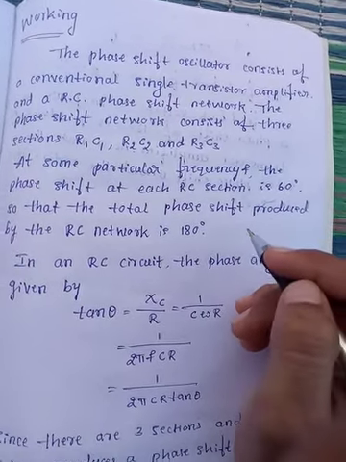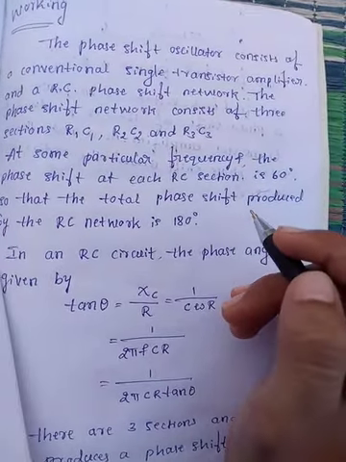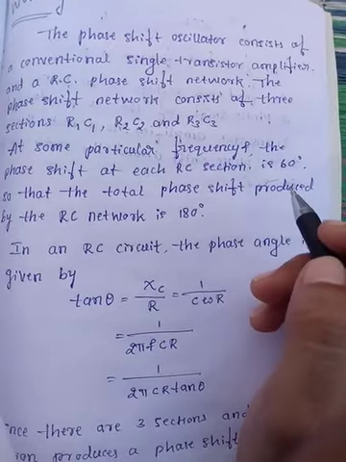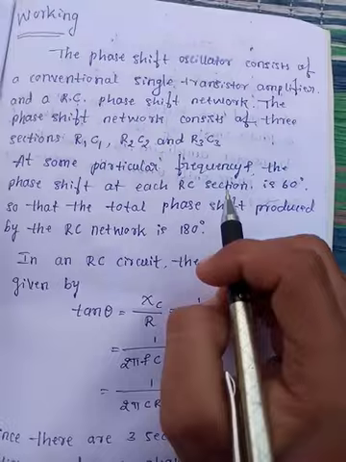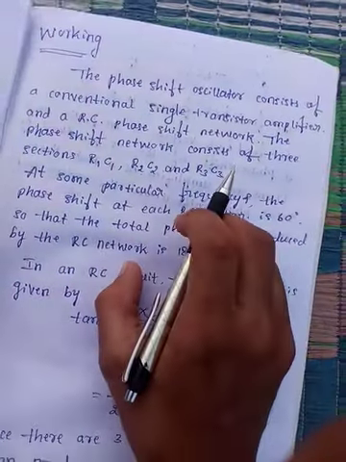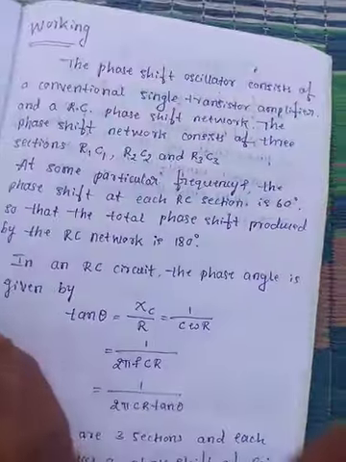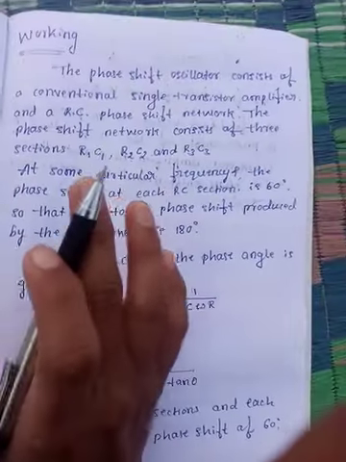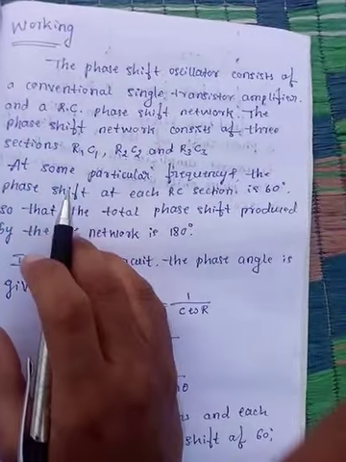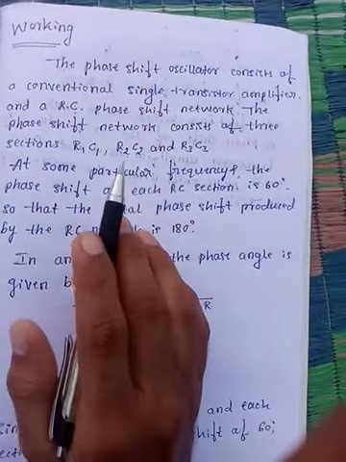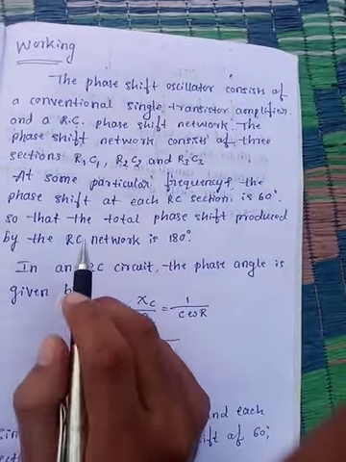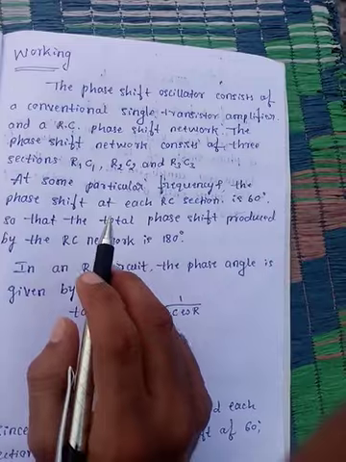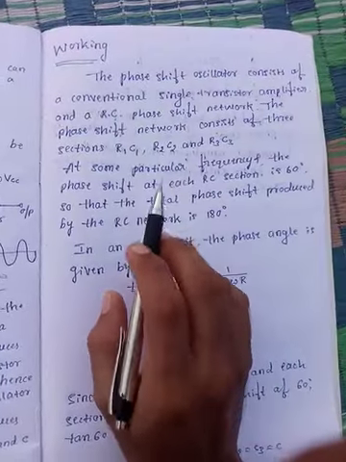Every oscillator should satisfy the Barkhausen condition to get sustained oscillations. The first condition is that the circuit must possess feedback, positive feedback.